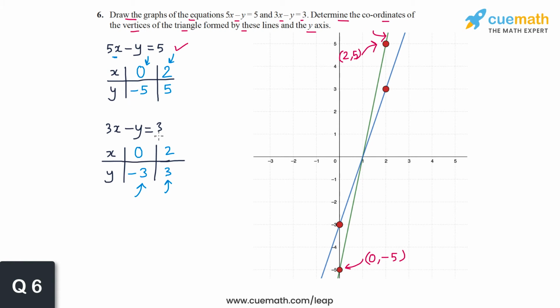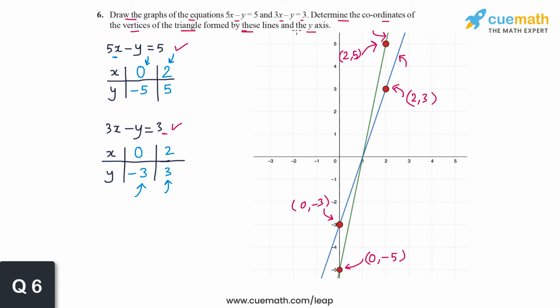Then for the second equation, this is 1 point, 0 comma minus 3, and then this is another point, which is 2 comma 3, and this blue line passing through these 2 points is the line corresponding to this second equation.